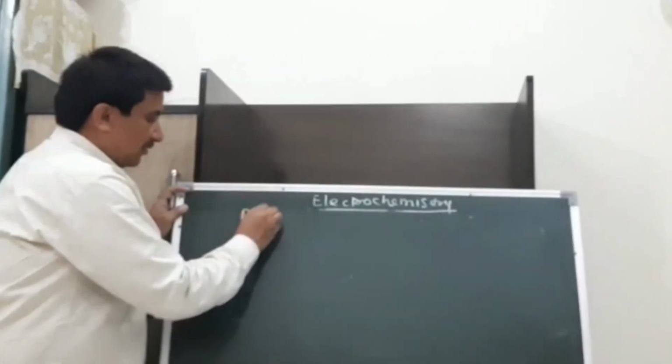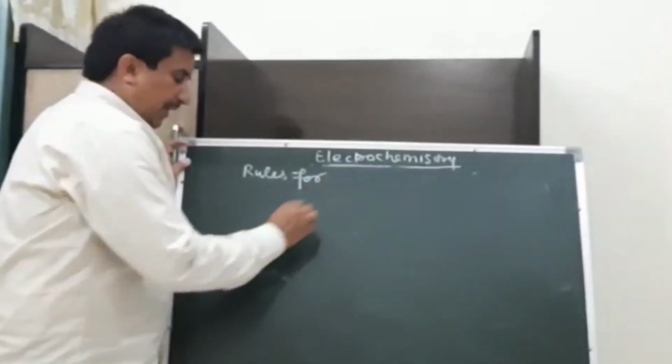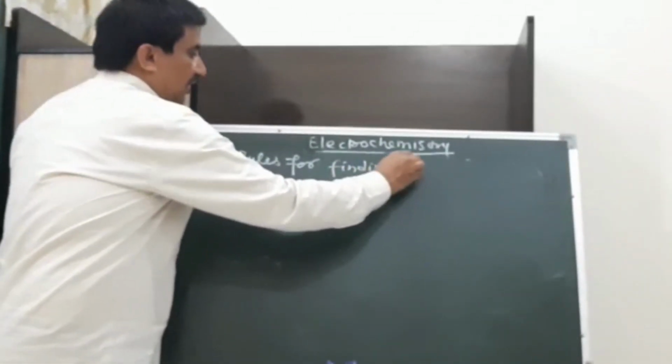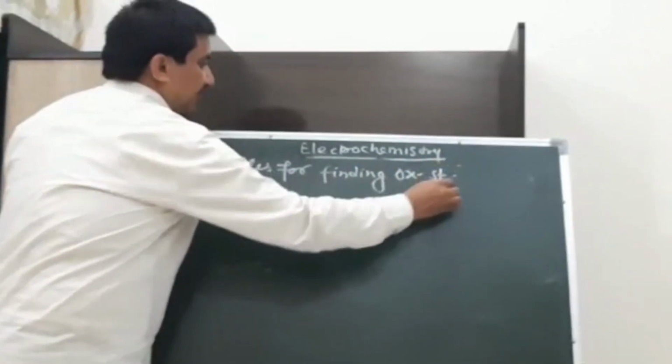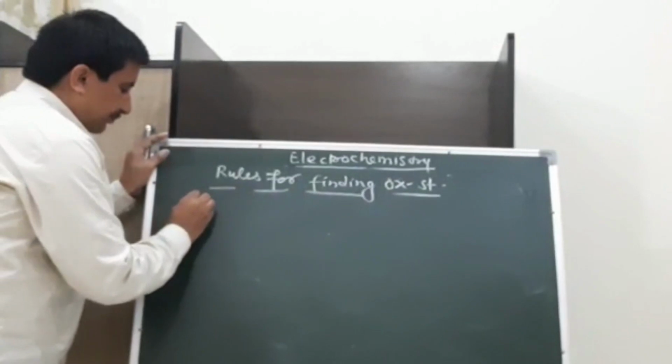Rules for finding the oxidation state. Number 1.